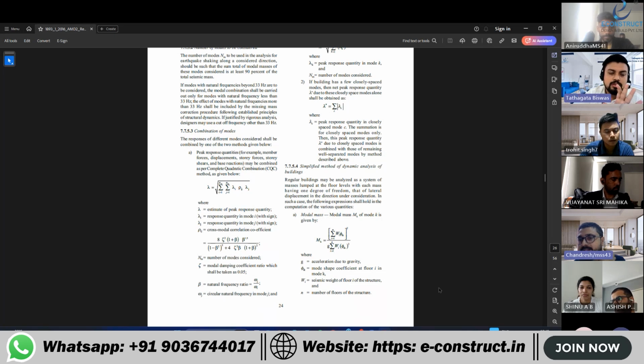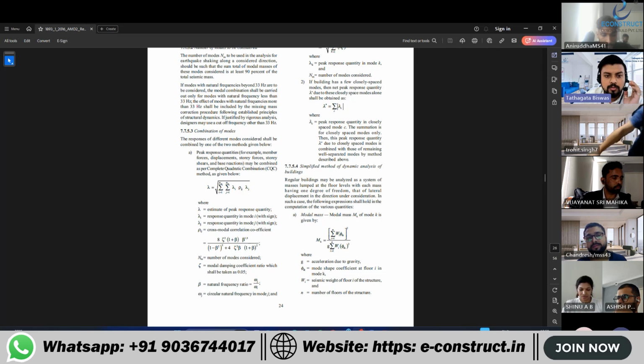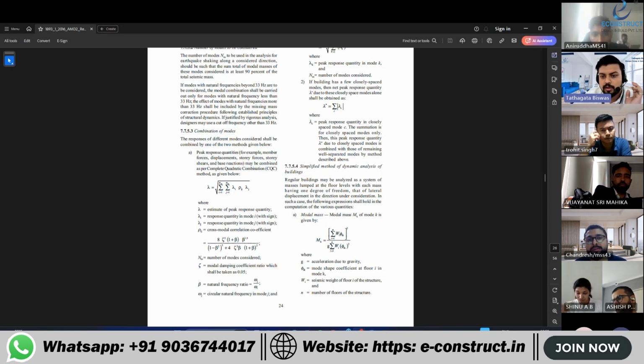I don't understand, sir. CQC is used if you want two modes to talk between each other, in a nutshell. For example, mode number 1 gives you some UX value, some UY value, some RZ value, and other degrees of freedom are also there. Mode number 2 also gives you some UX value, some UY value, some RZ value, and other degrees of freedom.